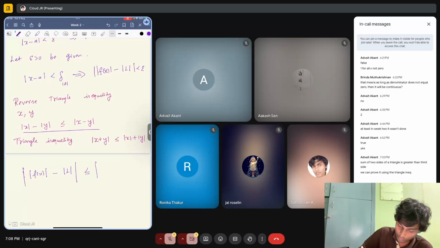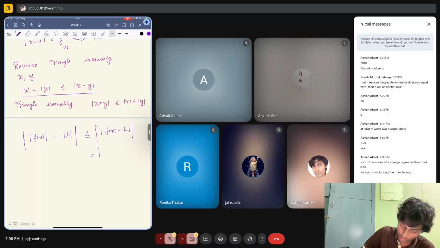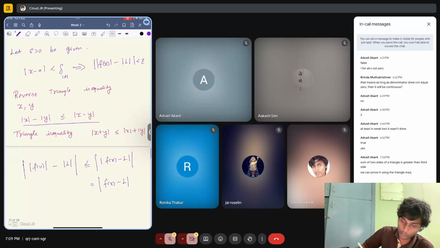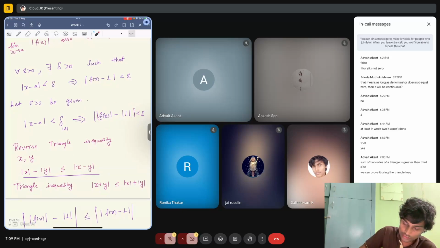This is less than or equal to mod of f of x minus L. So what we have seen is that this particular part is less than or equal to this part.